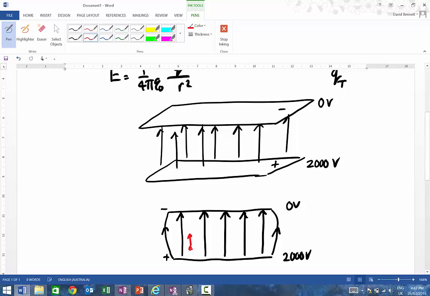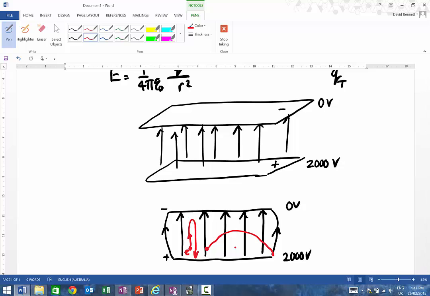Eventually, if you fire it up that way, it's going to turn around and head back towards the positive plate. If our electron comes in at an angle like that, then it will follow a parabolic path and hit the plate over there. So the key thing is that the electric field behaves exactly the same as the gravitational field.